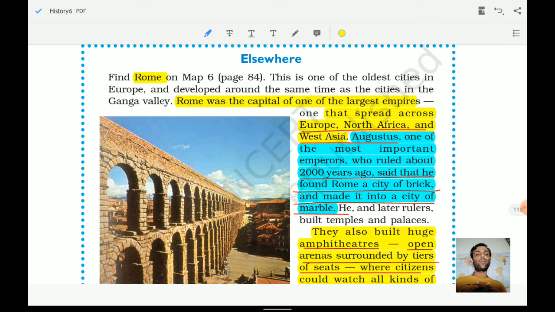It is said that he found Rome a city of bricks and made it into a city of marble. It talks about the richness of that area, that how this king made this kingdom so rich that from bricks they started using marble.